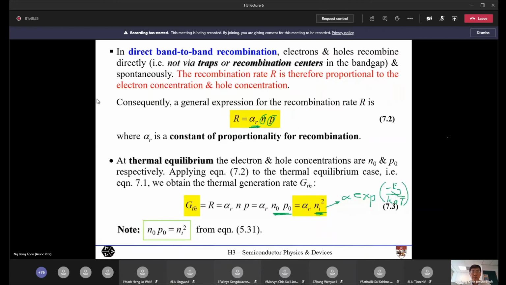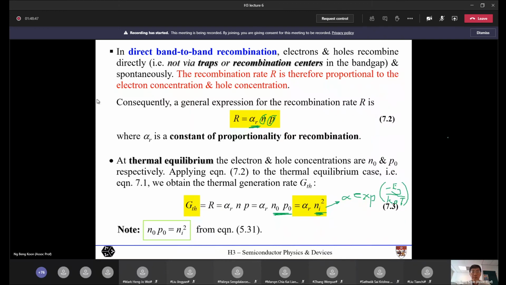So fundamentally, the thermal generation rate is dependent on band gap and temperature, which is not surprising, because how many carriers get generated depends on how much temperature you have, right? The higher the temperature, you expect more to be generated because the thermal energy that's available is higher.